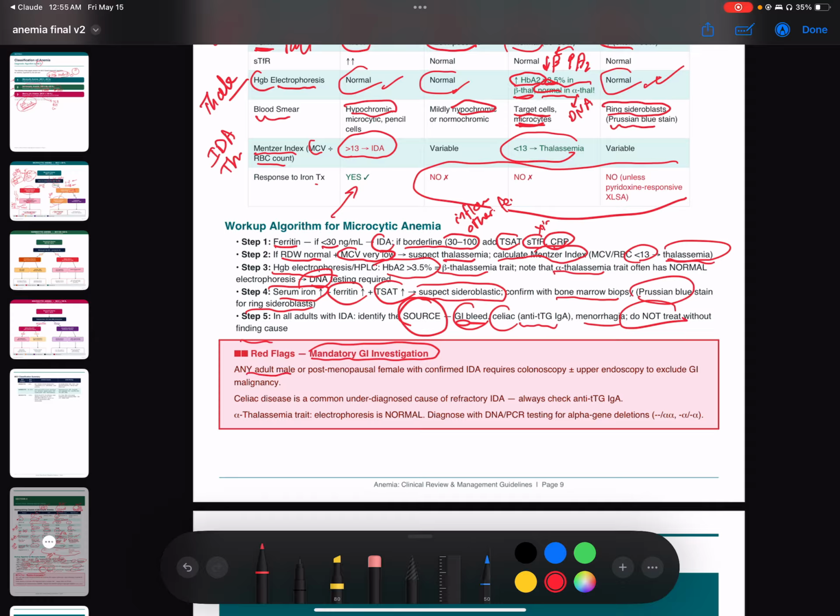So for any adult male or postmenopausal woman, because if they are having menstruation, that can explain the blood loss. But if they are postmenopausal, that will not explain blood loss. So those kinds of patients need a really comprehensive GI evaluation, both lower and upper GI evaluation, to exclude any GI malignancy or ulcer or anything like that.